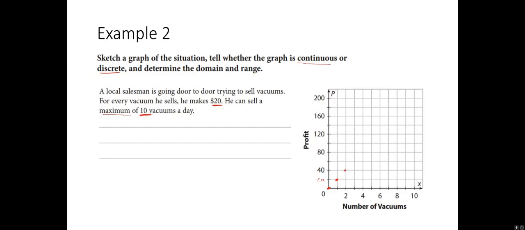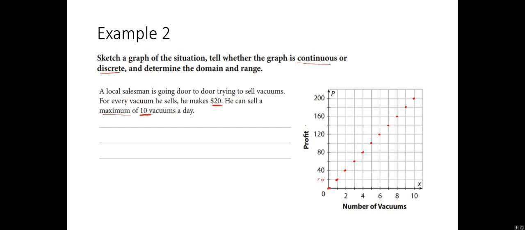If he sells 2, if he sells 3, if he sells 4, notice how I'm going by whole numbers: 5, 6, 7, 8, 9, 10. But notice how they aren't connected.